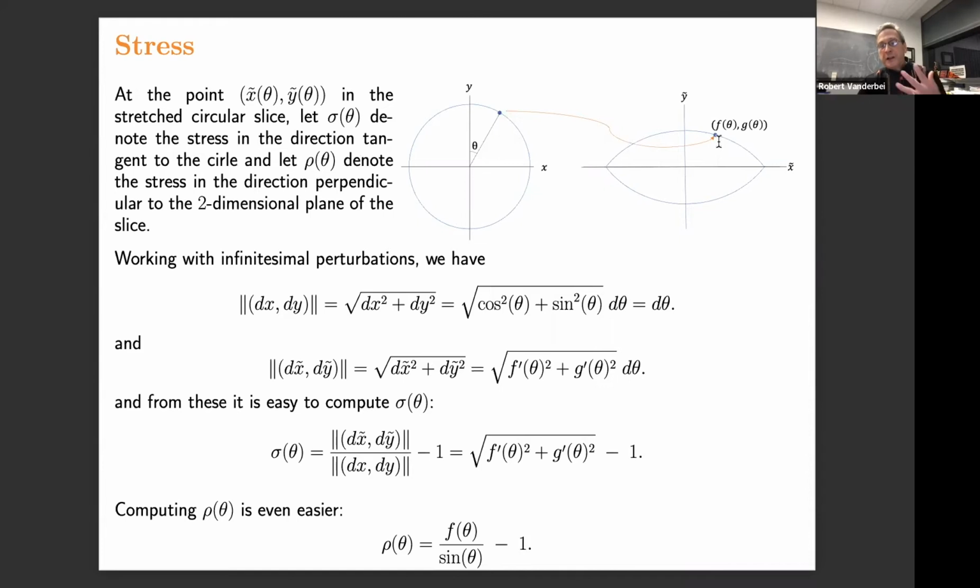There's some stress on here. The rubber's pulling on things. The rubber's saying, "Oh, you made me bigger. I've been stretched." And so there's the stretch. I don't know if you can see my cursor, but it's stretched tangentially here. And then there's a stretch that's perpendicular.